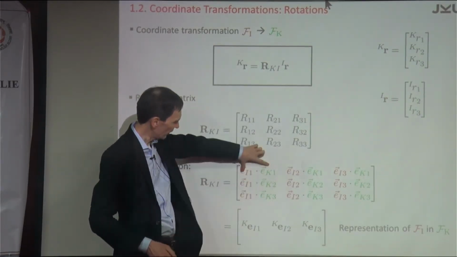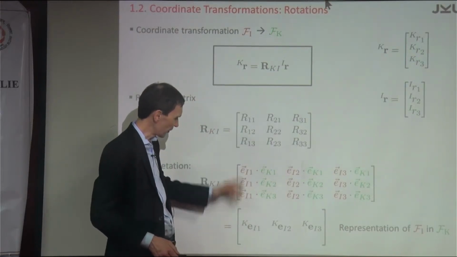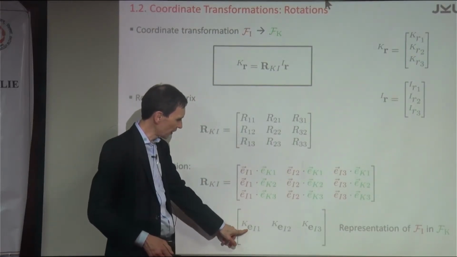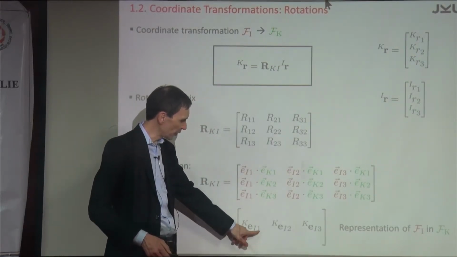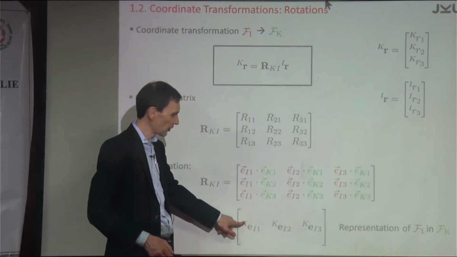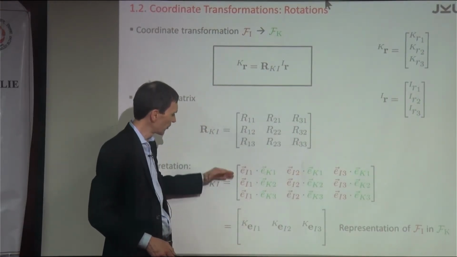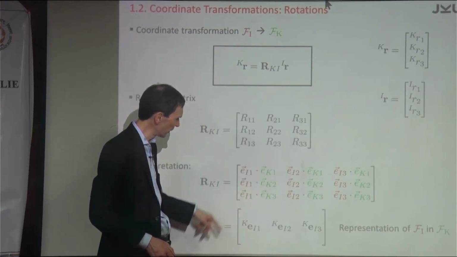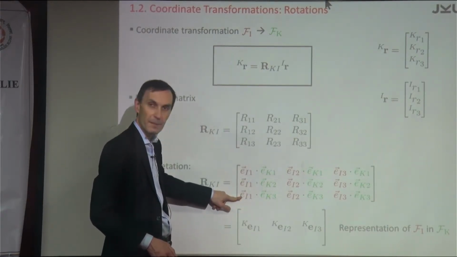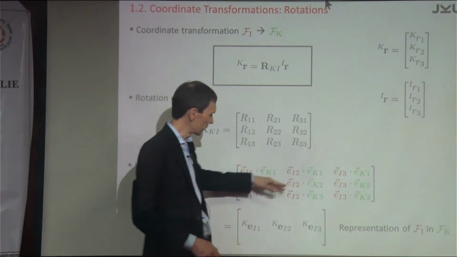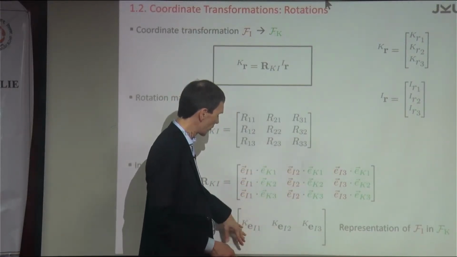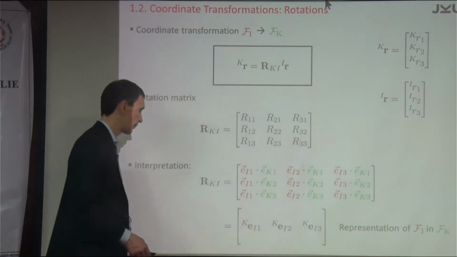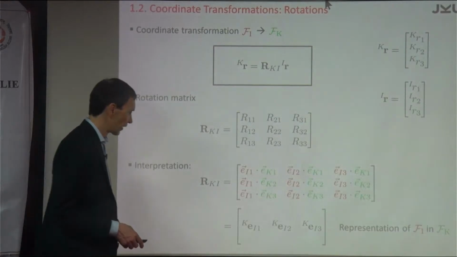This vector here is the representation of the one axis in the I frame represented in the K frame, because you do the scalar product with the respective axis of the green frame. And essentially this is the meaning of the columns of the rotation matrices.